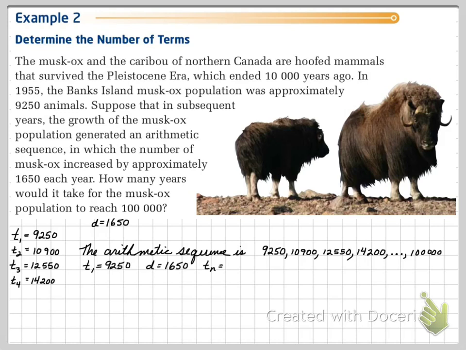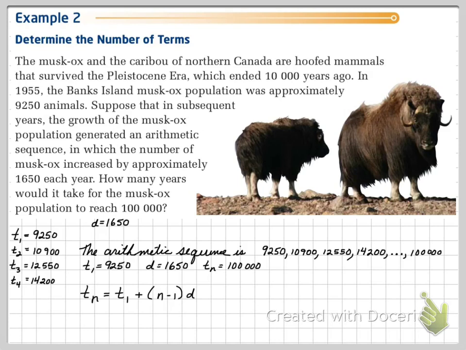Since term 1 is 9,250 and d is equal to 1650, the last term, Tn, is 100,000. The general term, Tn, is T1 plus n minus 1 times d.